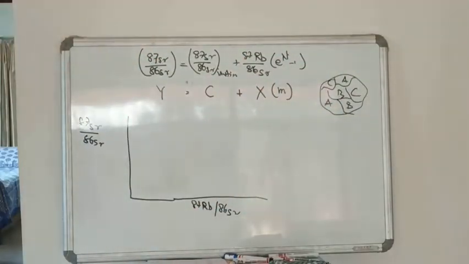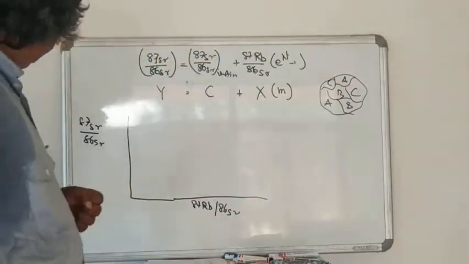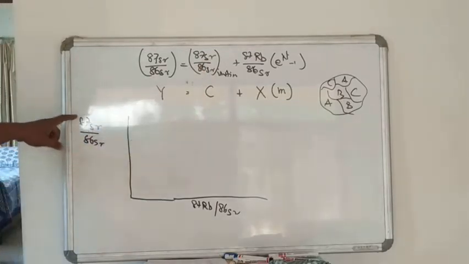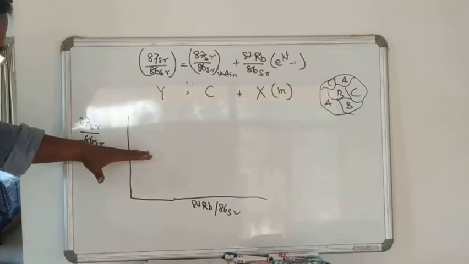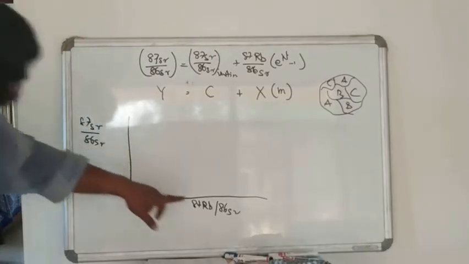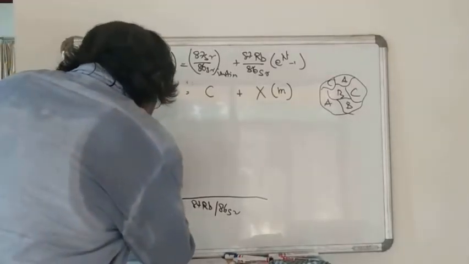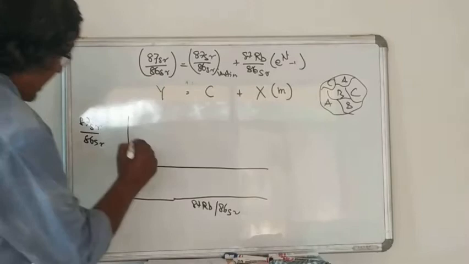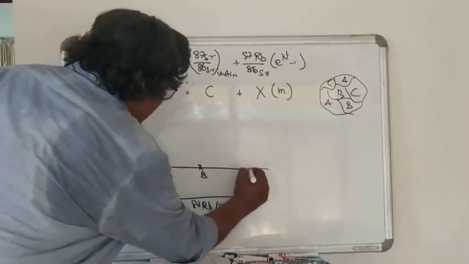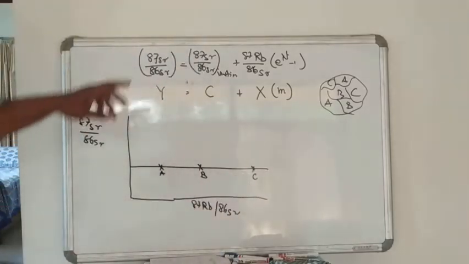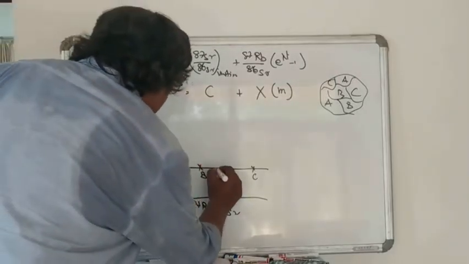When the material formed, they had the same 87 strontium by 86 strontium, but different 87 rubidium by 86 strontium ratios. So let's say I start from here, and you have A here, B here and C here, and your rock, which is R, is here.